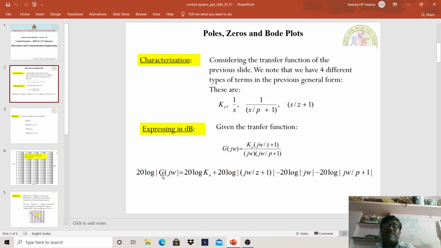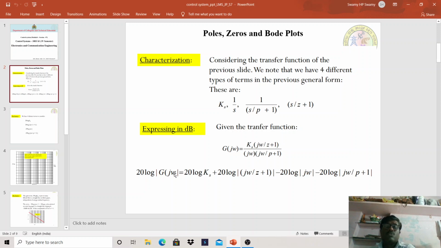20 log of magnitude of G of j omega is equal to 20 log kb, plus, according to logarithmic rules, 20 log magnitude of j omega by z plus 1, minus 20 log magnitude of j omega, because it is in the denominator, and another one is minus 20 log of j omega by p plus 1.